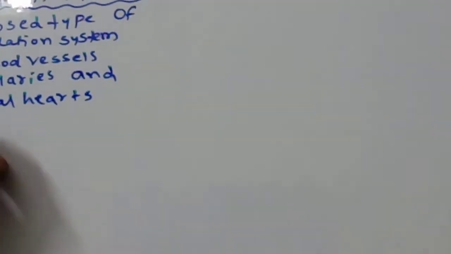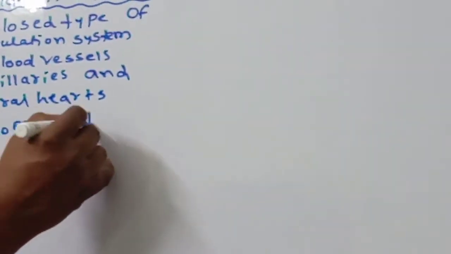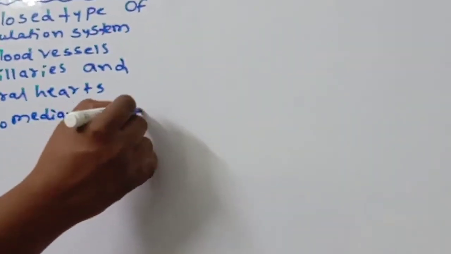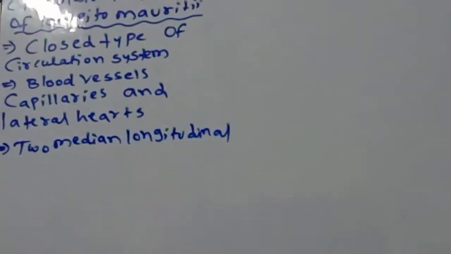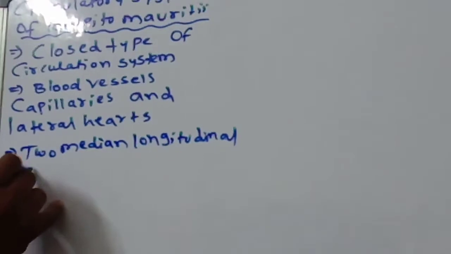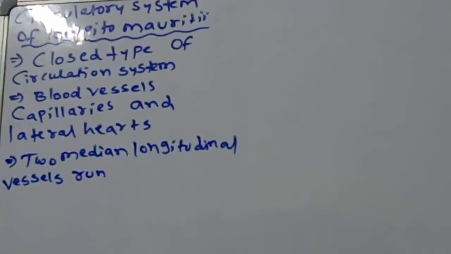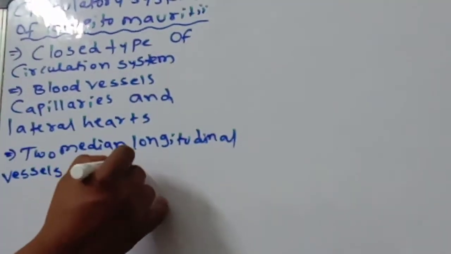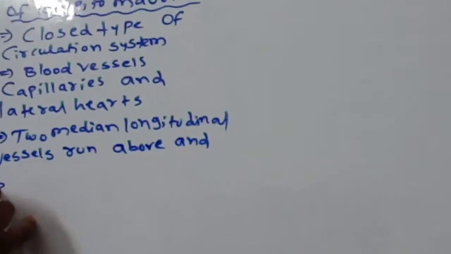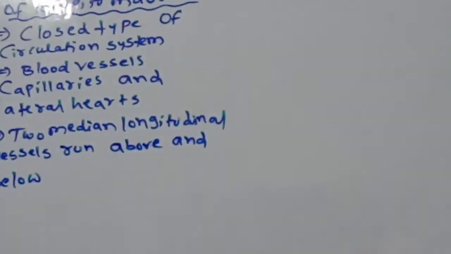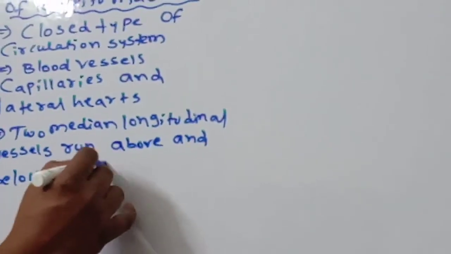Next point, two median longitudinal vessels run above and below the elementary canal.